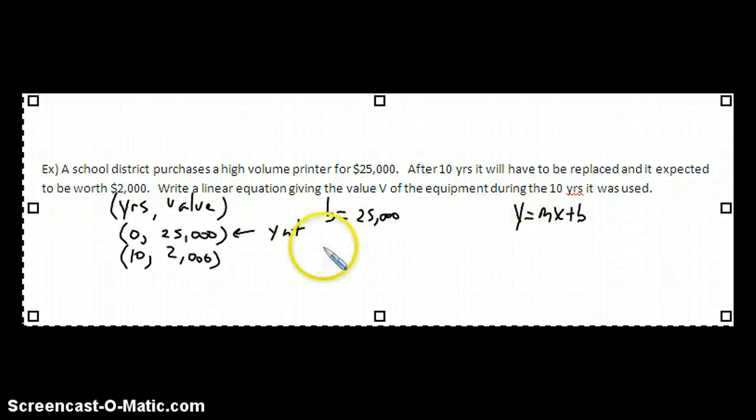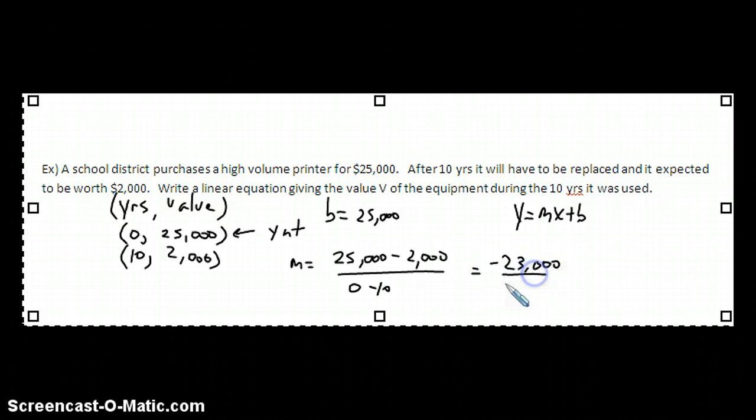So if I find the slope, I would take the y values divided by the x values. And I end up with negative 23,000 over negative 10, and that makes my slope 2,300. Negative 2,300, because this is actually positive.